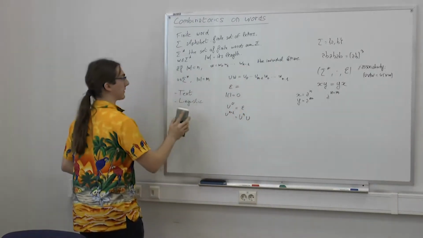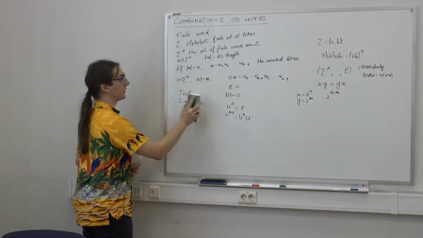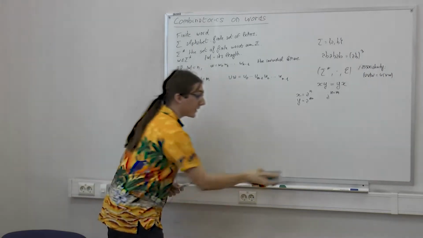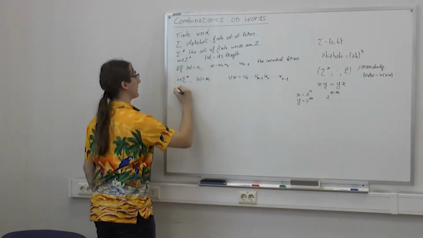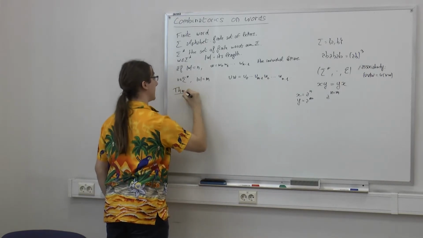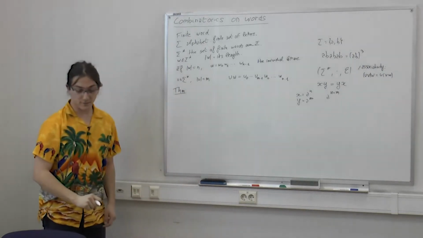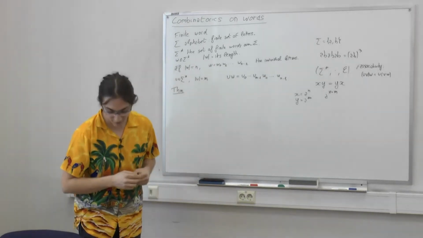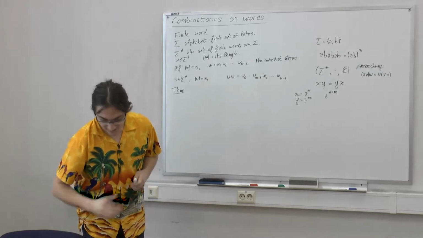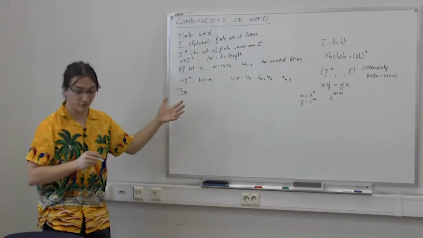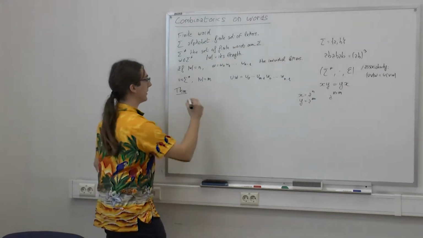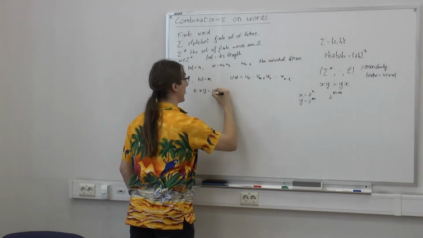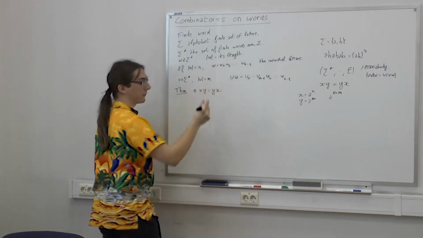So I think we can recall what the empty word is and what a power is. The first thing I wanted to show is a theorem from the 60s, by Professor Lyndon and Professor Schützenberger. I should cite the names. It says that the following things are equivalent. First, xy equals yx for words x and y.